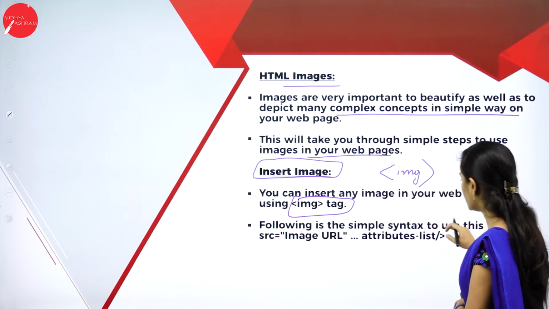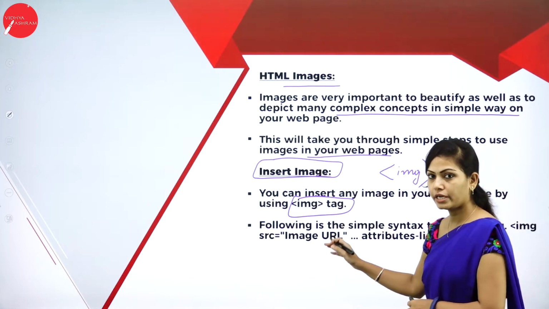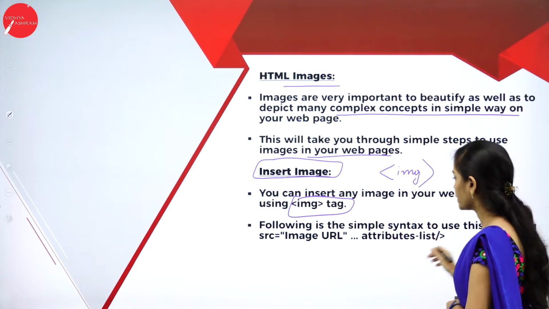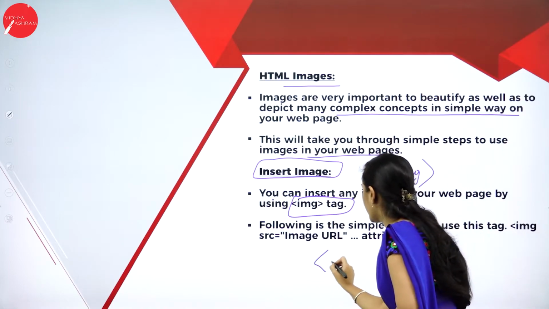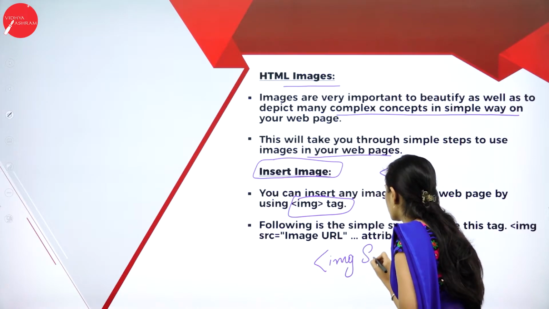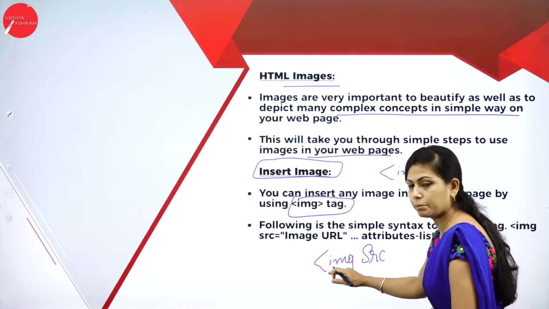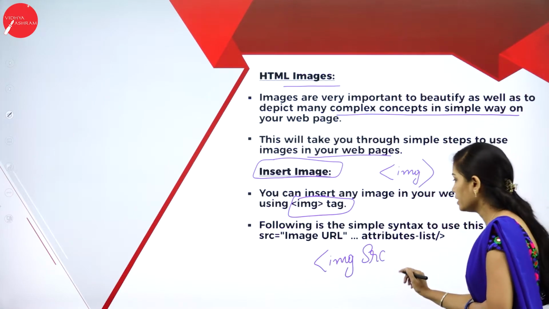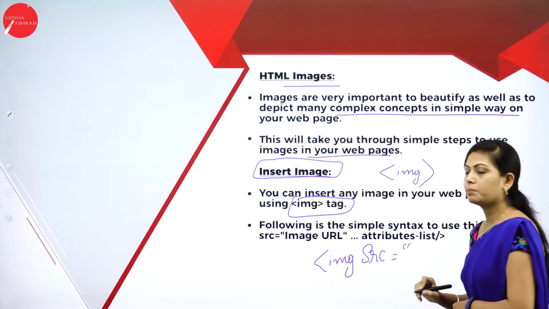Following is a simple syntax to use the image. So here we have one small syntax for inserting the image, that is img. img is image, source src is equal to open double quote.